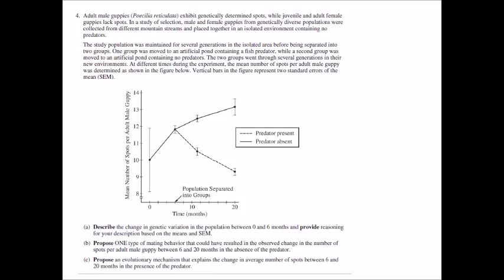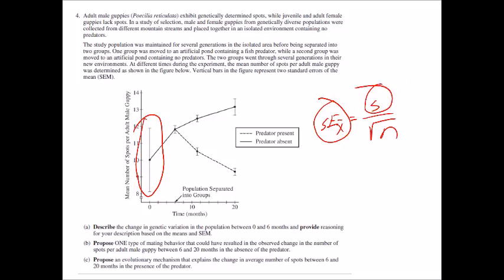So between 0 and 6 months. Notice at time 0, our error bars were huge. That means the standard error of the mean was large. And remember, the standard error of the mean was calculated by taking the standard deviation divided by the square root of the sample size. So if the standard error is large, that means the standard deviation is large.